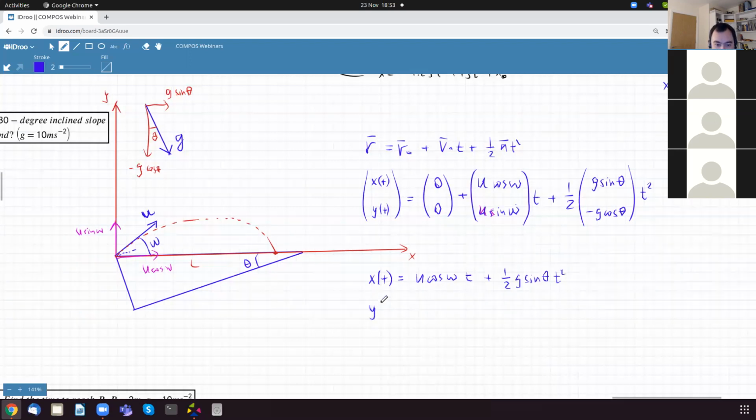And y of t is u sine omega t minus 1/2 g cos theta t squared. Now, we know that at the point where it lands, y is 0. So we solve this for 0.